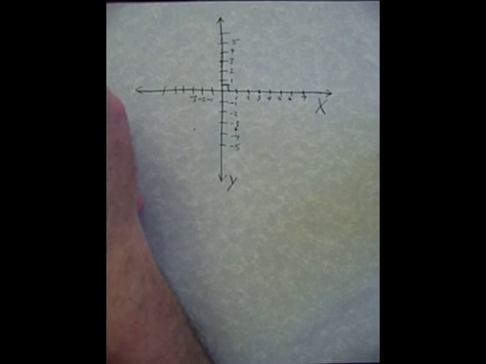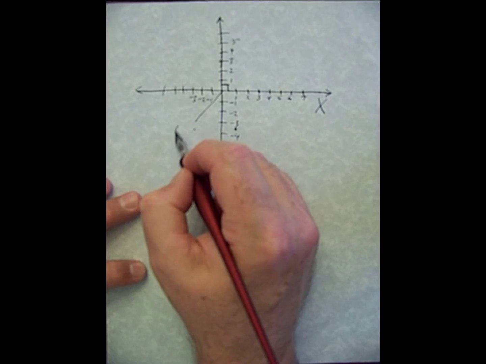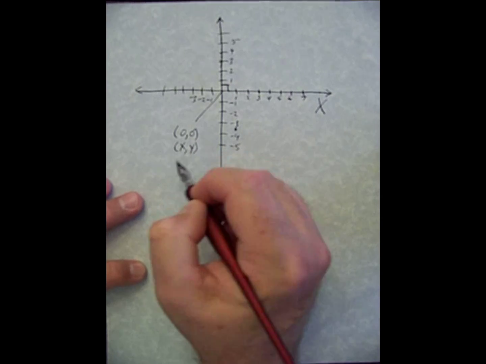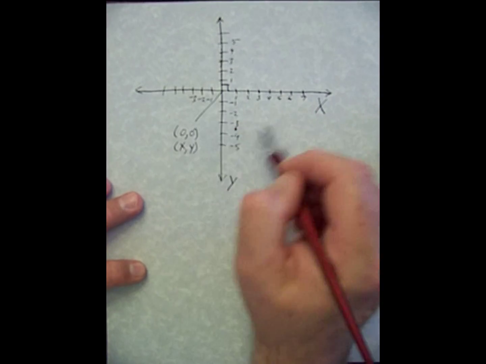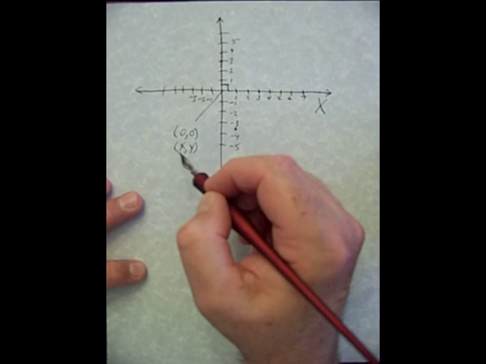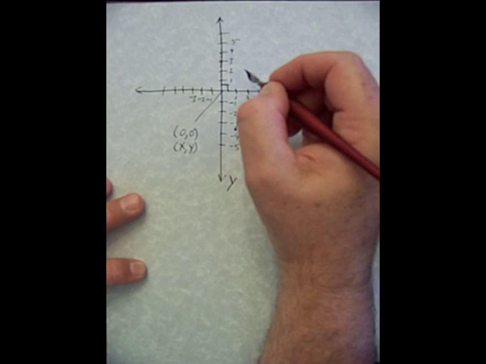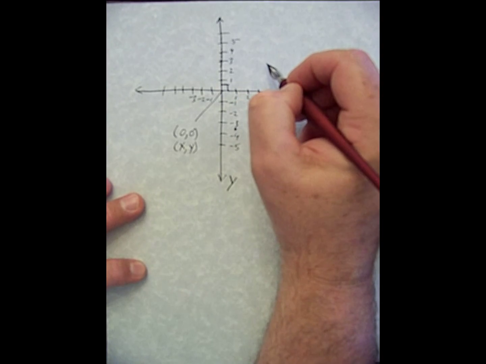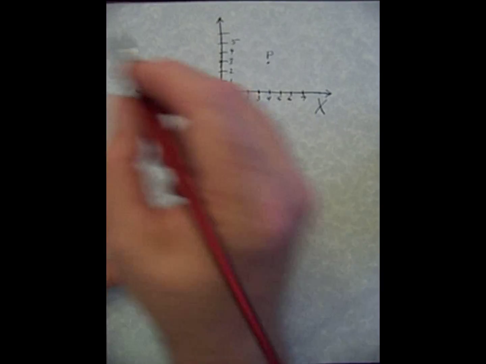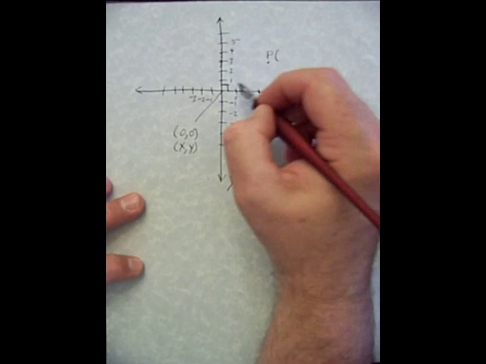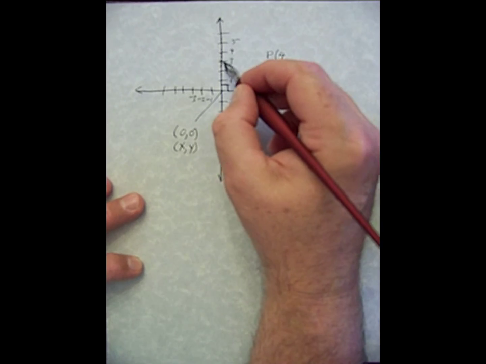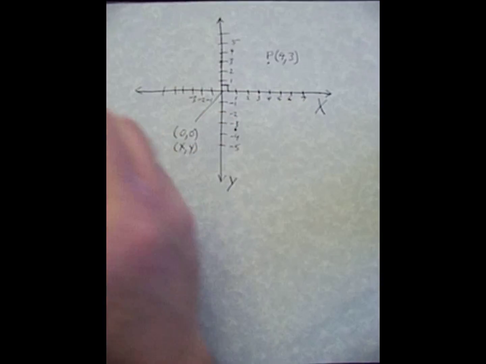So we have an origin here which has coordinates 0, 0, this being x and y. And so every point in our two-dimensional space now has 2 coordinates, an x coordinate and a y coordinate. For instance, if I pick a point here, which we will again call P, you can see that this point has an x coordinate of 4 and a y coordinate of 3.